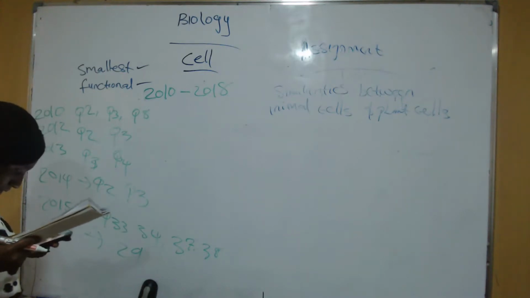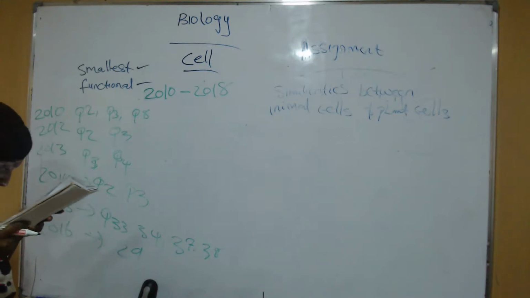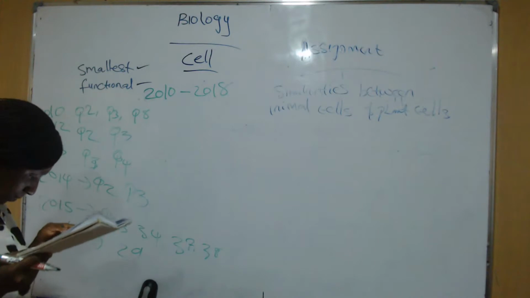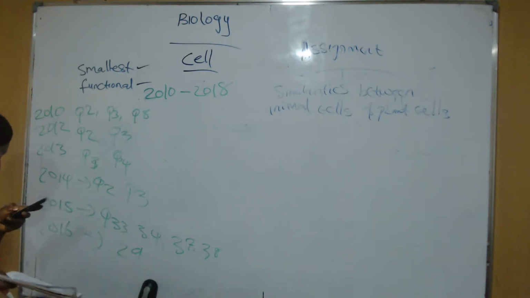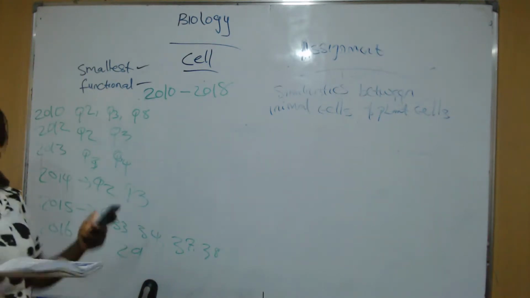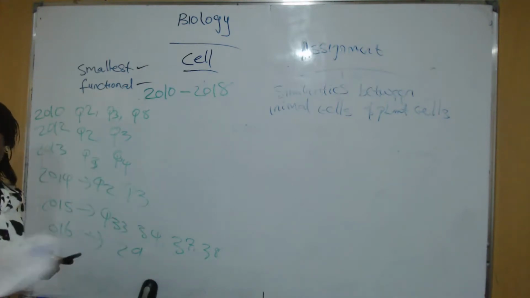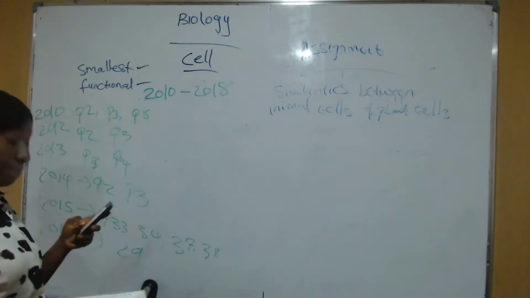In 2017, we have question 6. They asked for the organelle responsible for osmoregulation in paramecium. Now, you also have to understand whether the paramecium is a plant, an animal, or a bacteria.